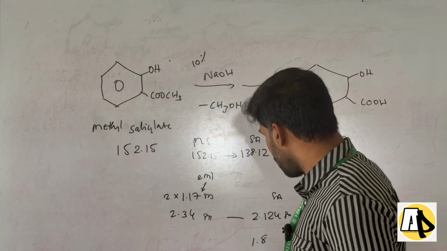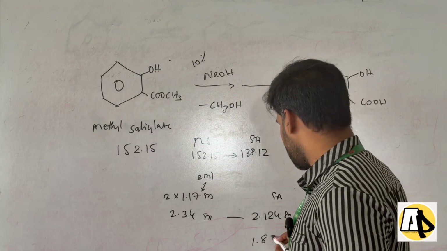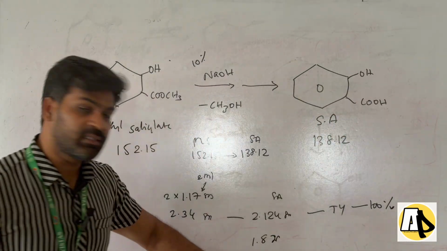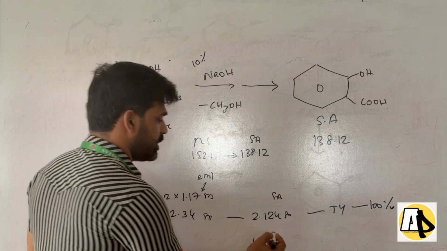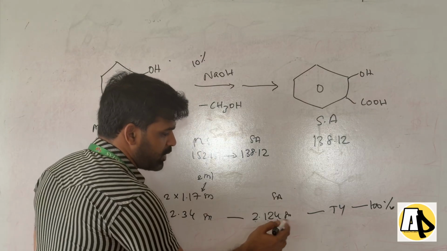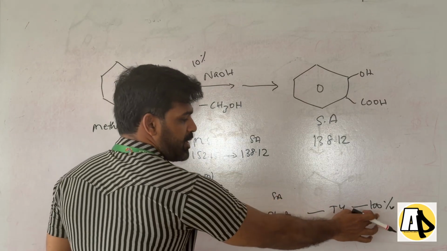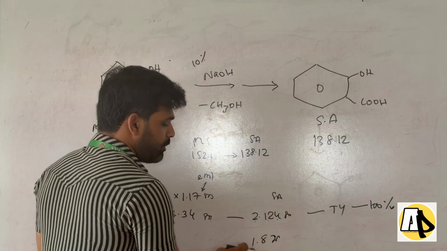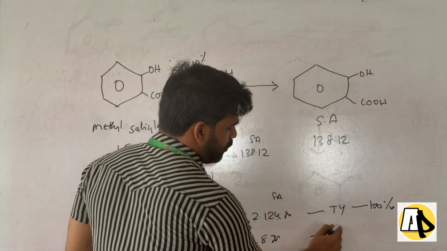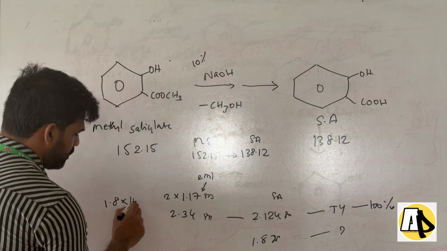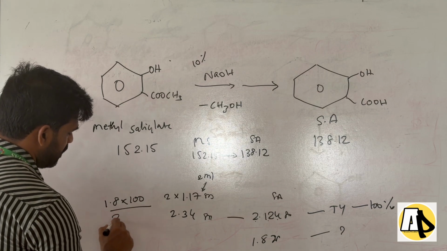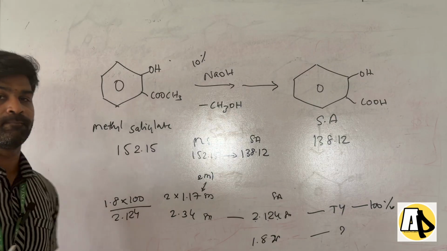let us assume you are getting 1.8 grams. So now how the calculation goes is, when 2.124 gram of salicylic acid is 100% yield, 1.8 gram is how much? Again, it should be 1.8 into 100 divided by 2.124.